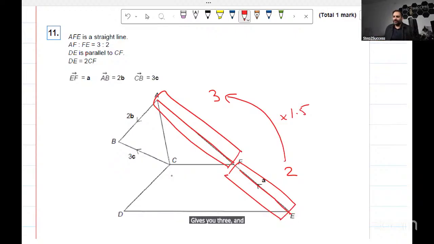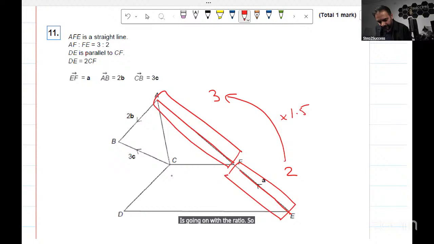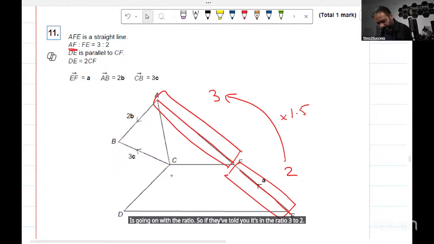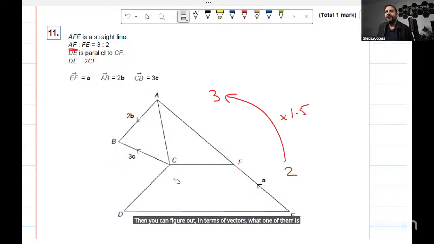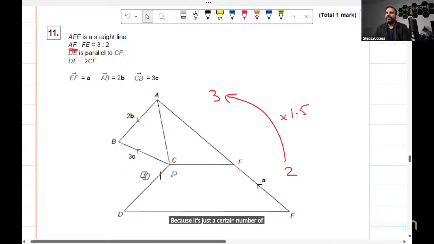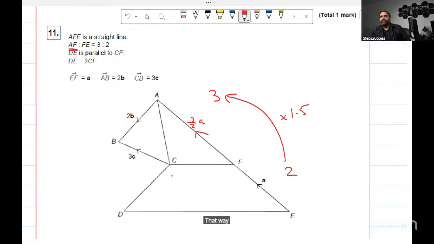And this is what you have to do with ratios. You have to deduce what is going on with the ratio. If it's in the ratio 3 to 2, then you can figure out in terms of vectors what one of them is, because it's just a certain number of times bigger than the other one. So it is 1.5 times bigger. So this is 1.5, or 3 over 2A, that way. Same direction as the previous one. So that's the first thing I've got out of there.